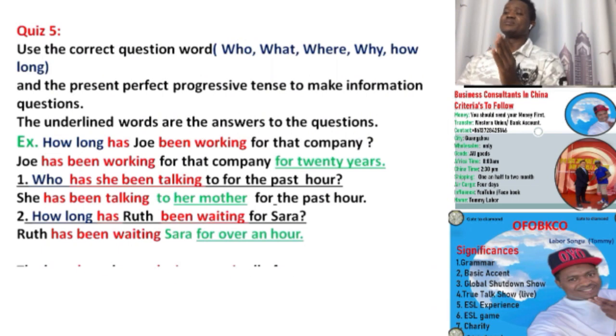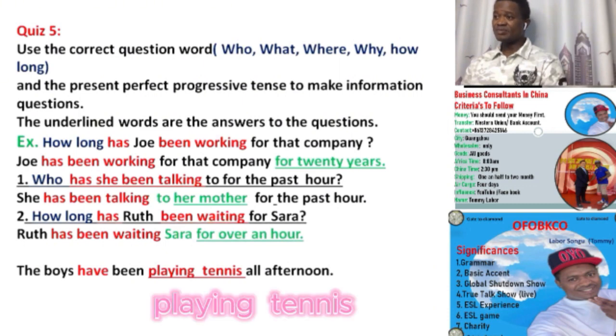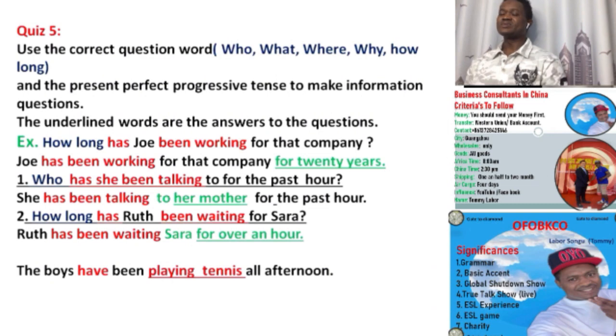Okay, guys, let's go. The boys have been playing tennis all afternoon. So the answer here has to be playing tennis. Let's prove if that's the answer. So watch which question word we have to use here. We use what.